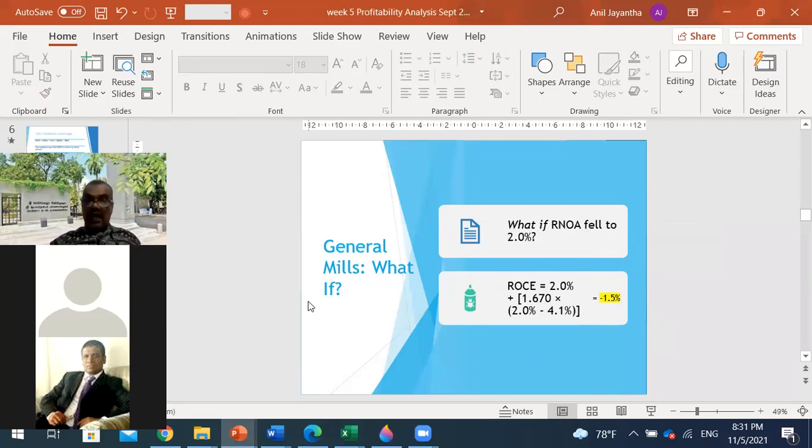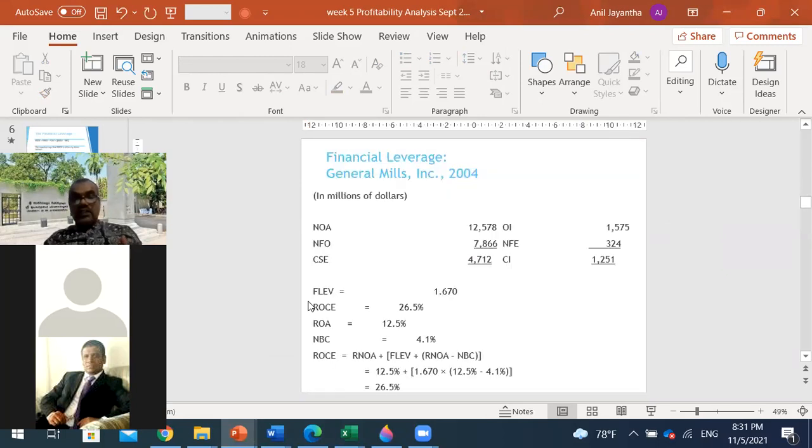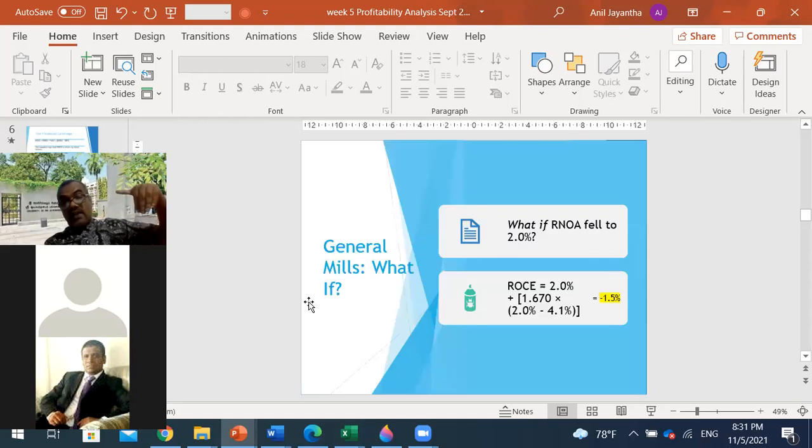Automatically, what happened in the previous example, when the spread was positive and return on net operating asset was 12.5, ROCE was significantly high. It was pushed up by an additional 14%, whereas here the company experienced a negative spread.